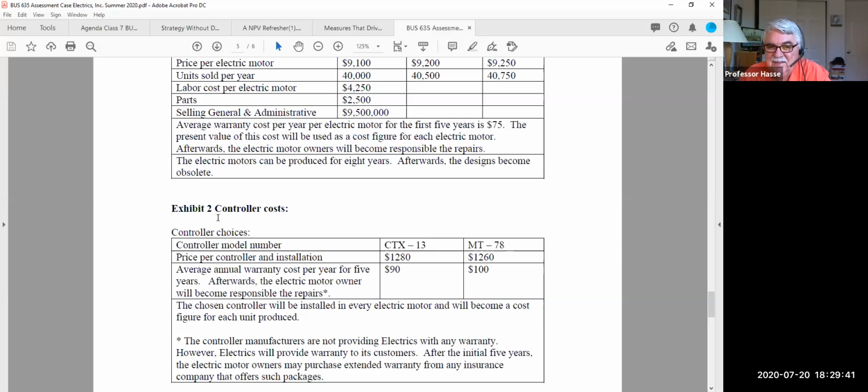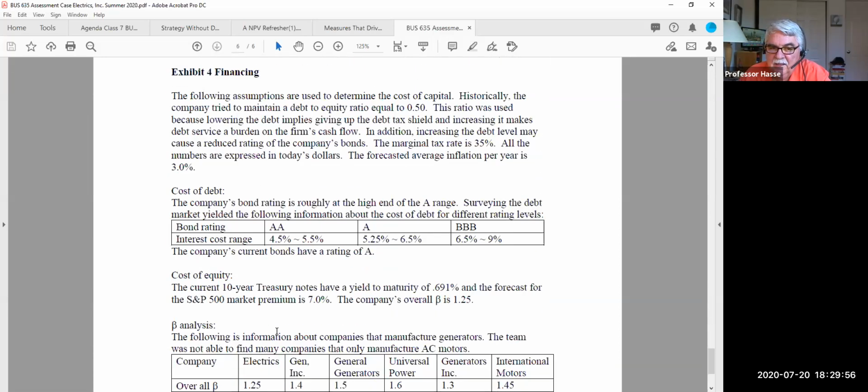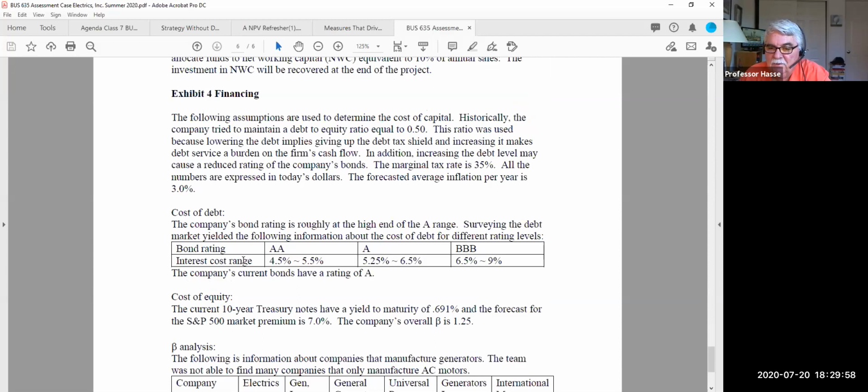That means you're going to use the present value of those costs to determine the one single cost per year of the warranty.